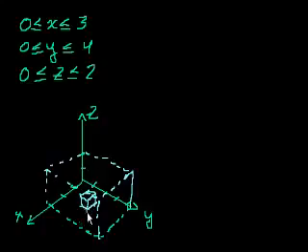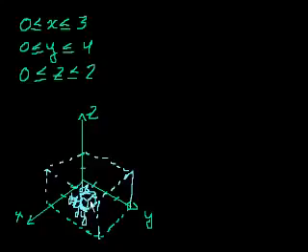Let's say that its width is dy, so that length right there is dy. Its height is dx. Sorry, no, its height is dz, right? The way I drew it, z is up and down. And then its depth is dx. So this is dx, this is dz, this is dy.